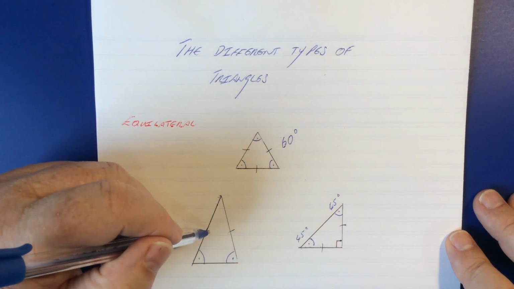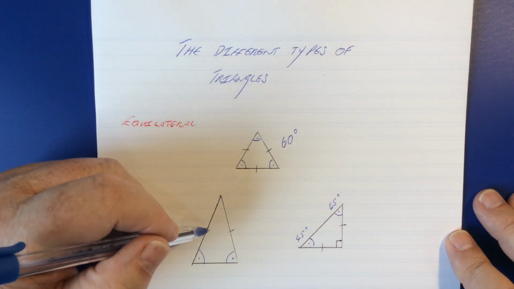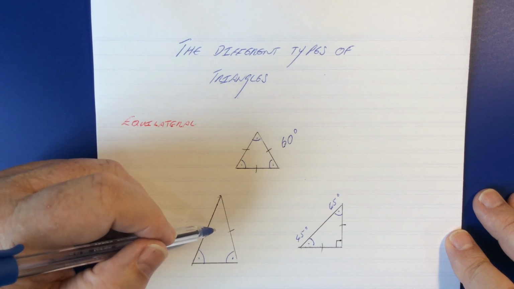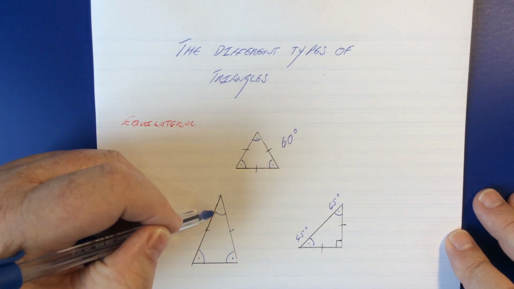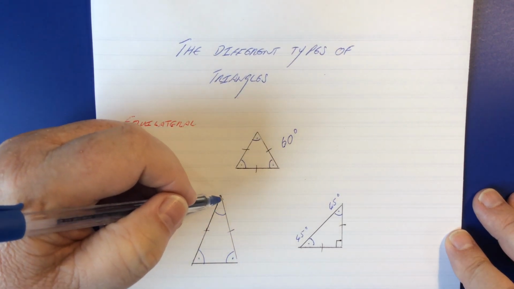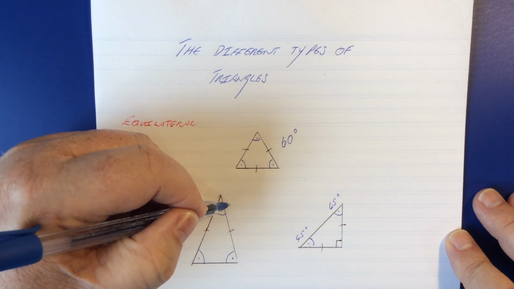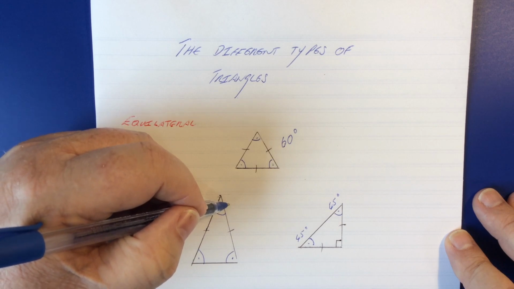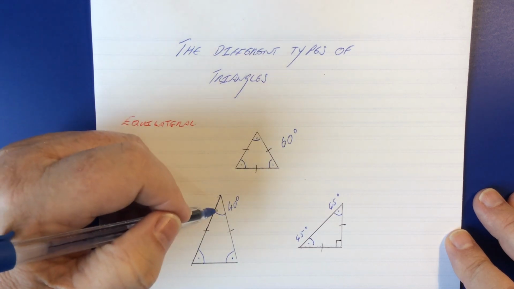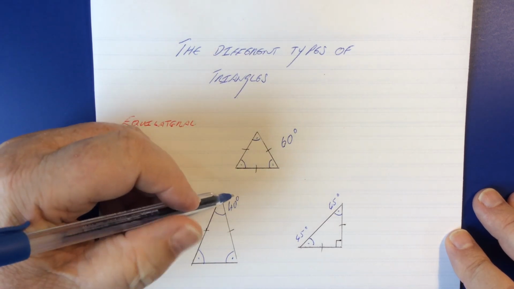Now here we have something that looks different but is still an isosceles triangle. And let us say, for example, that this angle up here is, what does that look like? Let's say that it's 40 degrees. That's probably a little light, but that will do.